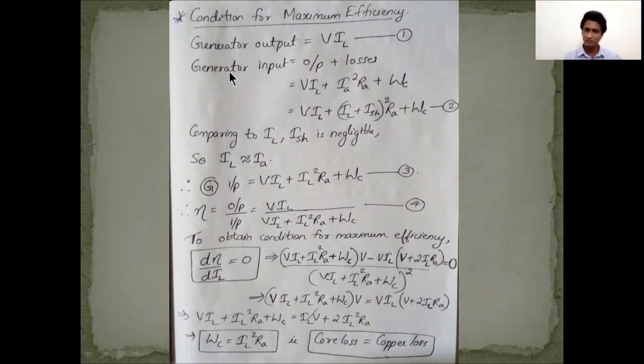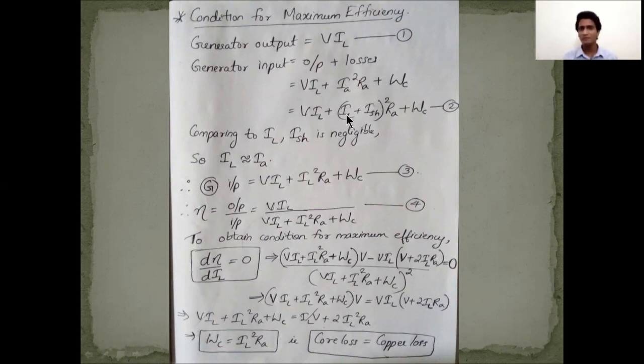Then generator input will be output plus losses, where output is VIL and losses are constant loss plus variable loss. Here the variable loss is IA square RA for a DC shunt generator, and the constant losses are core loss, mechanical loss, and field winding loss, which will be constant for my DC shunt generator.